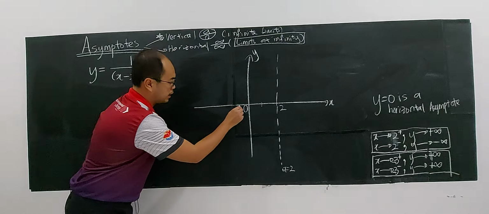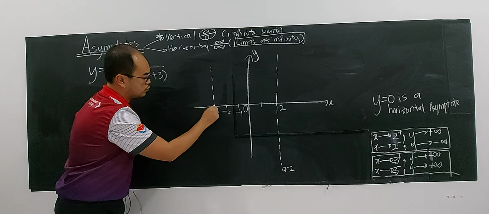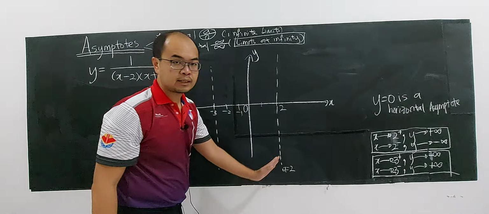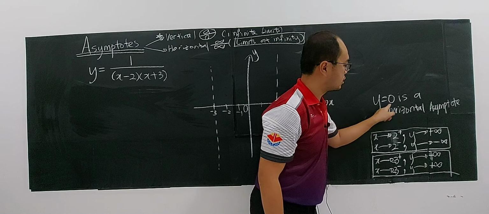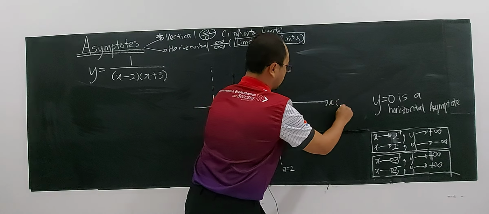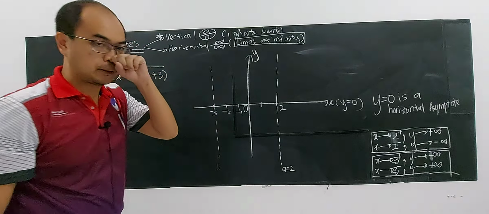So -1, -2, -3. So here will be another asymptote. This is 2 vertical asymptotes and 1 horizontal asymptote. y equals 0 is actually your x-axis, which means the x-axis becomes your horizontal asymptote.